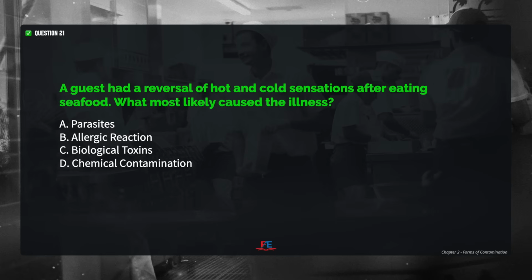B might include swelling or rashing, not sensory changes. D might cause nausea or burns, but not this neurological reaction. So the answer here is C, biological toxins.